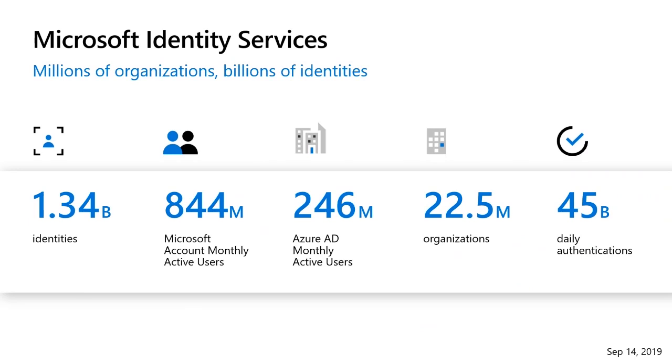When we later talk about risk-based conditional access or machine learning, those big numbers help a lot in getting a better understanding of which pattern is regular, good user behavior and which pattern is a typical attack pattern.